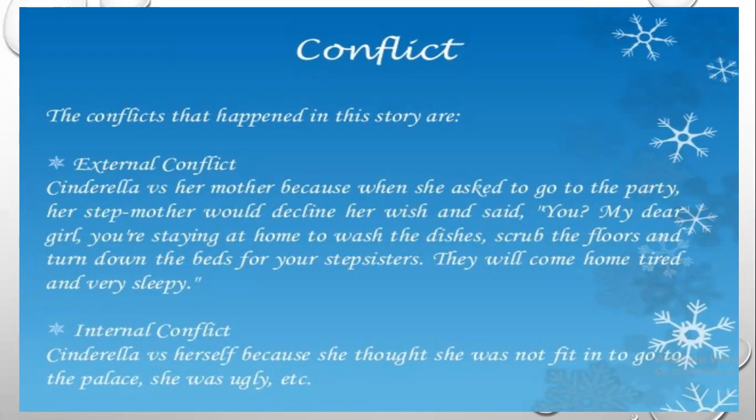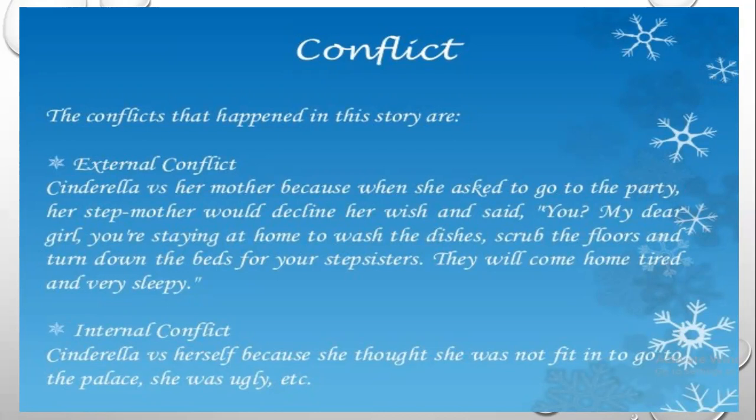And also, she has another excuse: that Cinderella didn't have a suitable dress for the party because she's lazy. The second conflict is internal conflict, inside Cinderella herself, because she thought she was not fit to go to the palace.